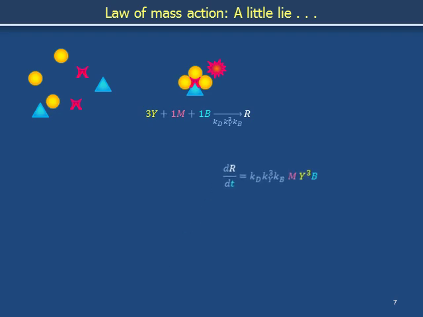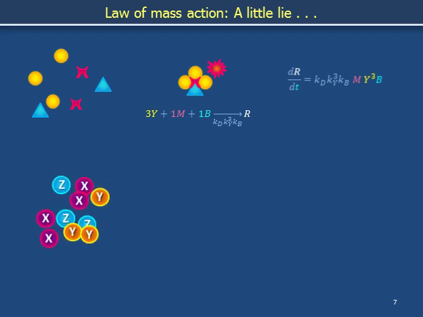We determined that the time rate of reactions was proportional to the concentrations of the reactants multiplied together as many times as they entered into the reaction stoichiometry. For example, since the stoichiometry of this reaction equation includes 3 yellow circles, the factor of the concentration of Y is cubed in the reaction rate expression.